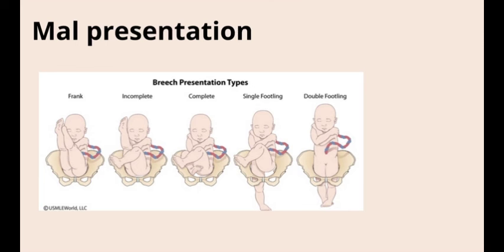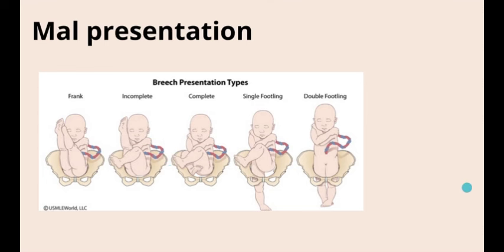With a complete breech, the baby's buttocks are aimed at the birth canal with both hips and the knees flexed. And a single footling and a double footling is when one of the baby's legs is extended downwards, so the foot is positioned to come out first, which is different to these ones where the foot isn't the first presenting part.